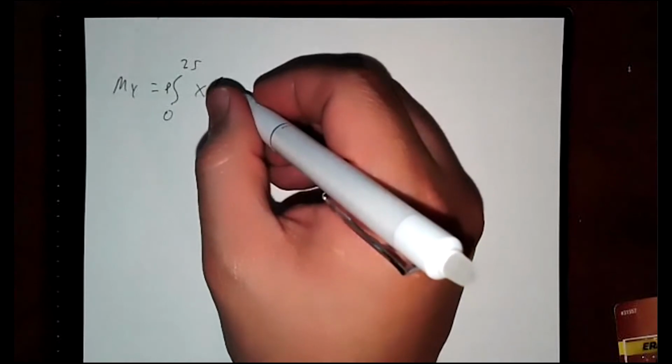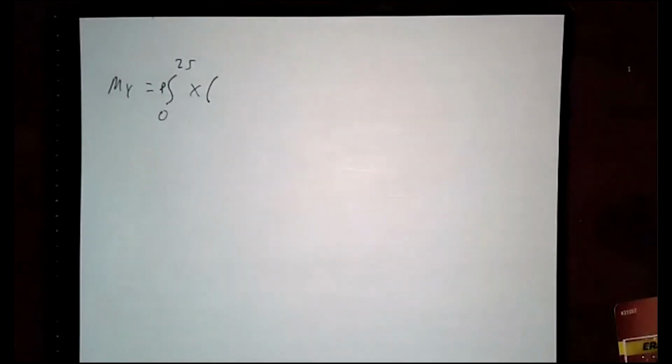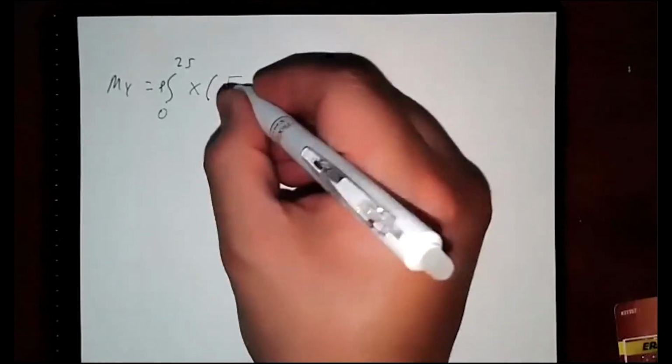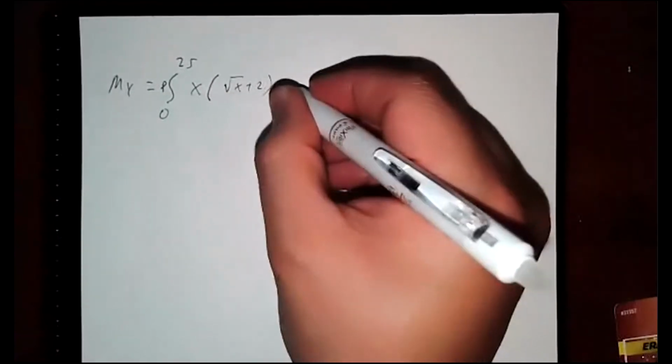So that would be, where is f? Wrote it down somewhere. Yeah. Square root of x plus 2. Put some brackets here.